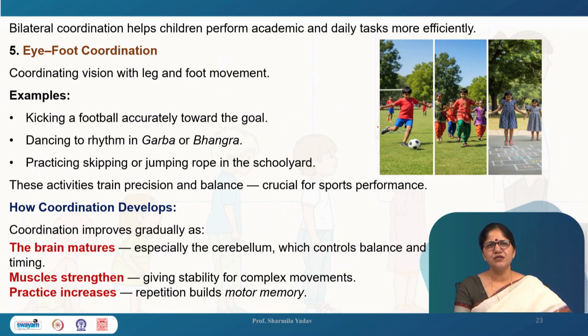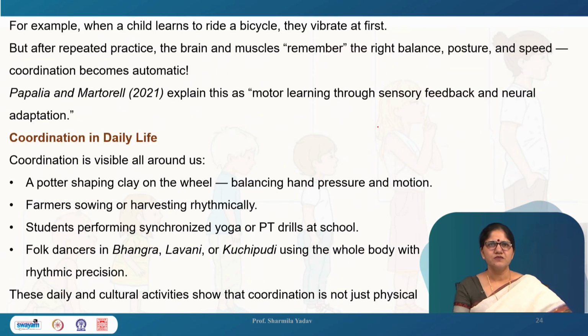How does this coordination develop? Coordination improves gradually as the brain matures, especially the cerebellum, which controls balance and timing. Muscles strengthen, giving stability for complex movements. Practice increases. Repetition builds motor memory. For example, when a child learns to ride a bicycle, they wobble at first.